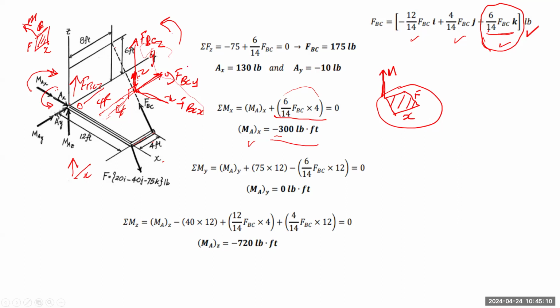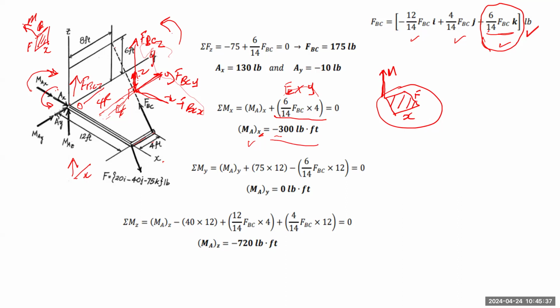So it's Z, Y. So the moment here is force in the Z direction times Y, right? That is what ends up giving you this moment. So moment in X is really a result of Fz times Y distance.